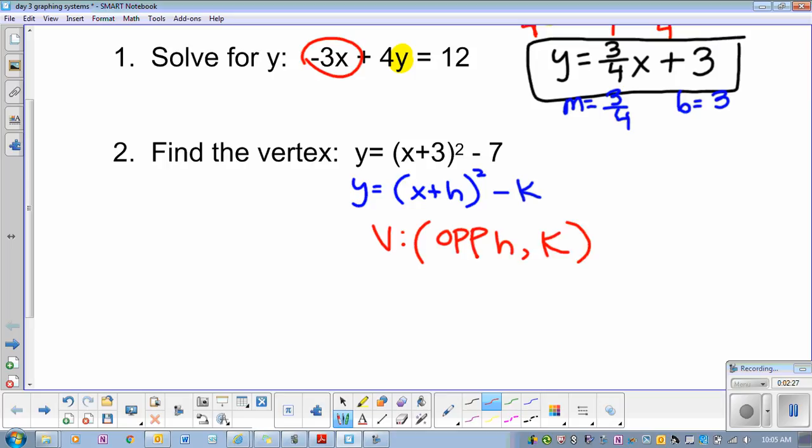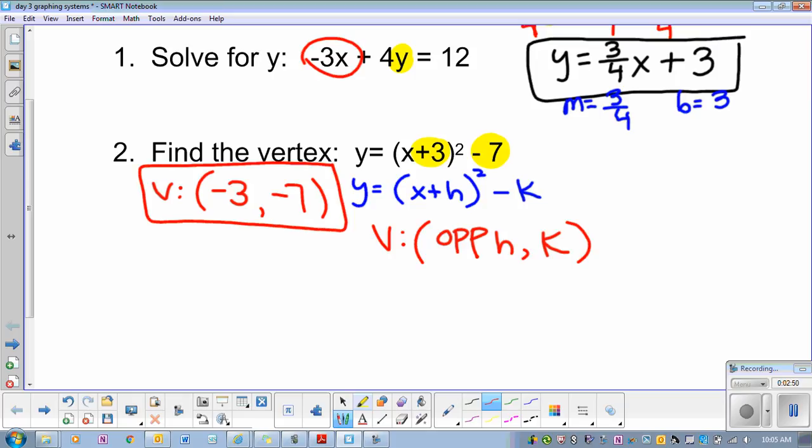What's your h number? 3. What's the opposite of it? And what is your k? -7. There's your vertex. If it's in vertex form, that's how we do that. Are we okay with that?